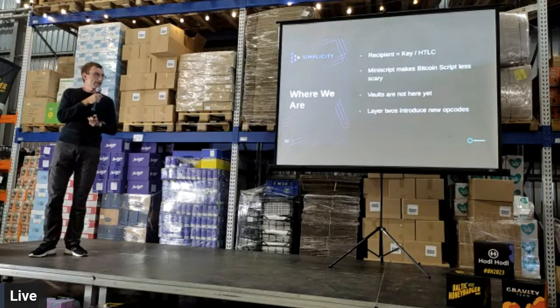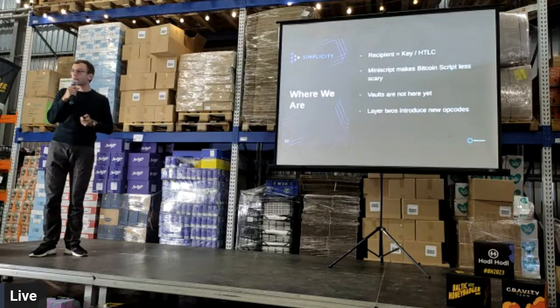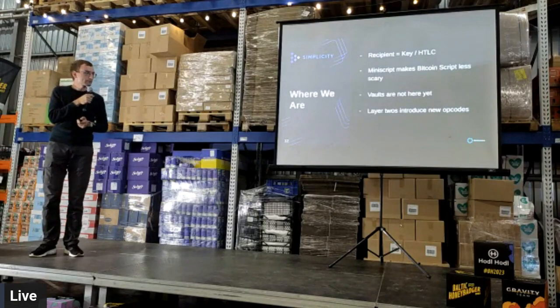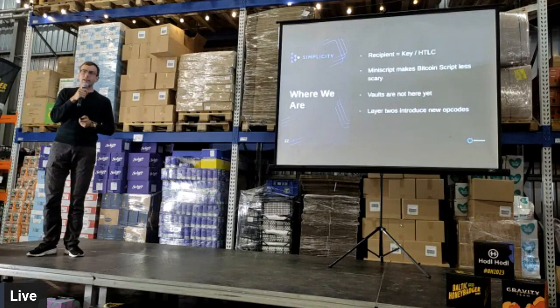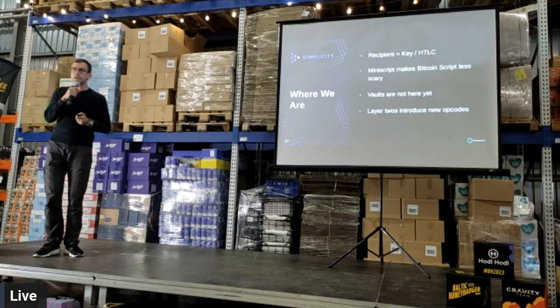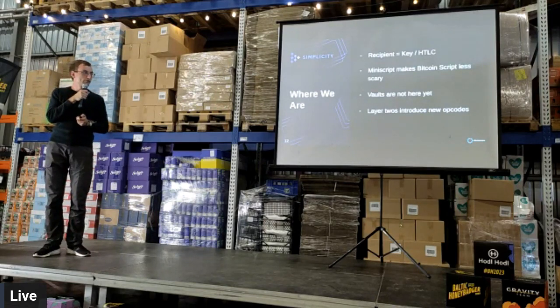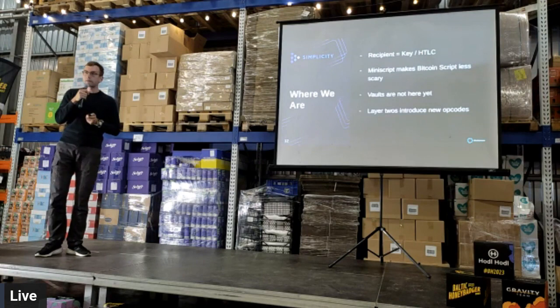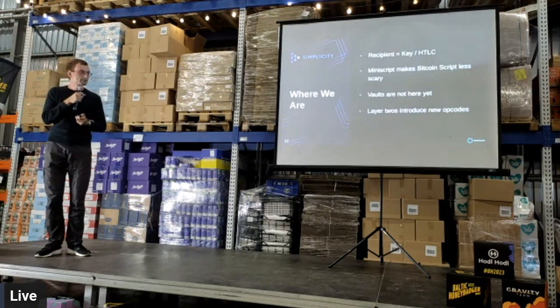Also, one of the things right now is we have layer 2s. Obviously, we had layer 2 day, and many layer 2s propose new opcodes. So Bitcoin script is not enough to support all layer 2s. Even things like Lightning propose things such as ANYPREVOUT.